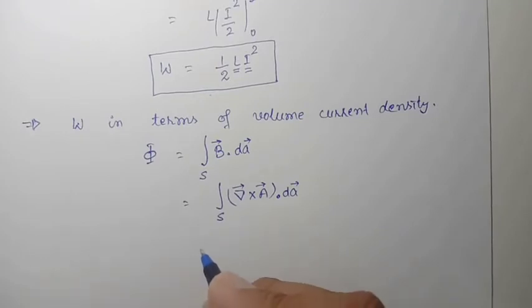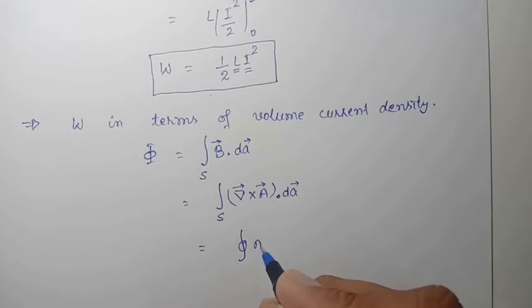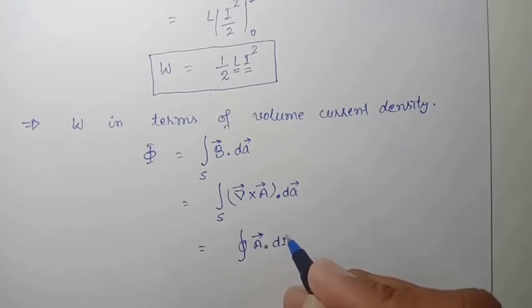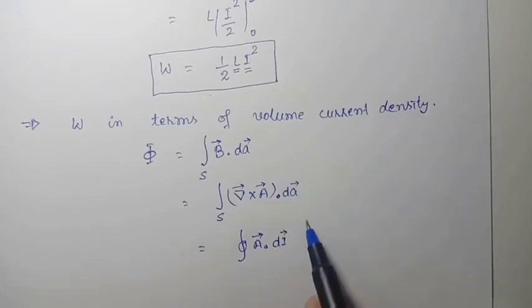Then we can write this as the integral of A dot dl. Here we apply Stokes theorem to convert the surface integral into a line integral.